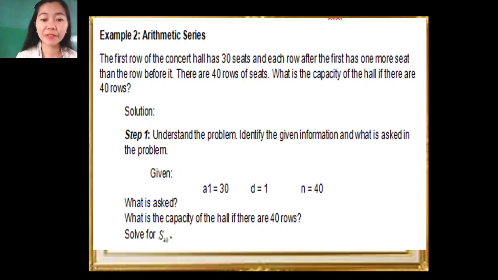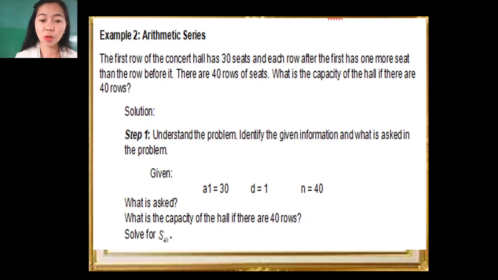for step 1, the first term will be 30 as the number of seats in the first row. And then each row madadagdagan ng 1, kaya yung common difference natin is 1 because ang next row natin ay 31, then ang next row natin ay 32 number of seats, and then ang next row natin ay 33, 34, and so on and so forth up to 40 rows.